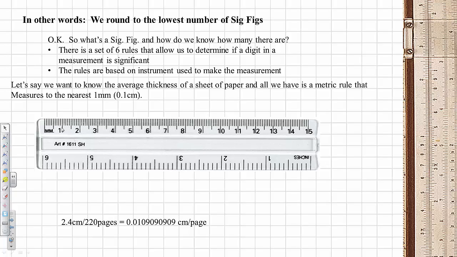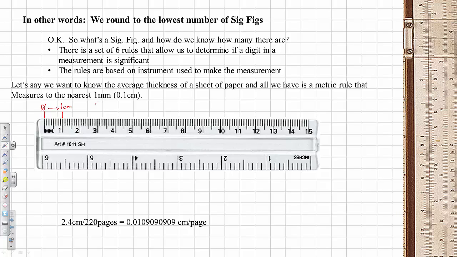This would be 0, and from here to here, this is 1 centimeter. Each centimeter is divided into 10 equal divisions, and those divisions are called millimeters. So 1 millimeter is 1/10 of a centimeter. And so the smallest thing we can measure with this is a millimeter in thickness.